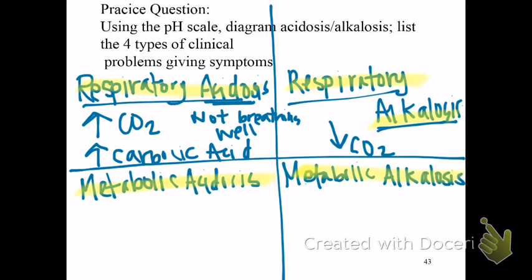Okay, let's go metabolism now. Metabolic, you want to think digestion, right? So we're down here on the metabolic. You're thinking digestion. The kidneys start to fail on metabolic acidosis. You got diarrhea and vomiting with metabolic acidosis.